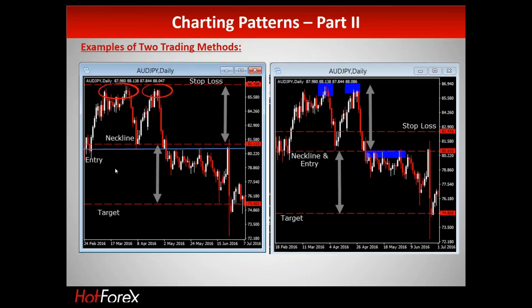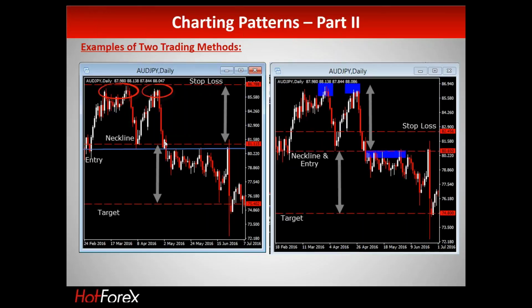My entry could be once the neckline is broken down for good. As you can see here, the neckline is at 81.11. It was broken once. However, the next day, it consolidated a little bit and became quite bullish.